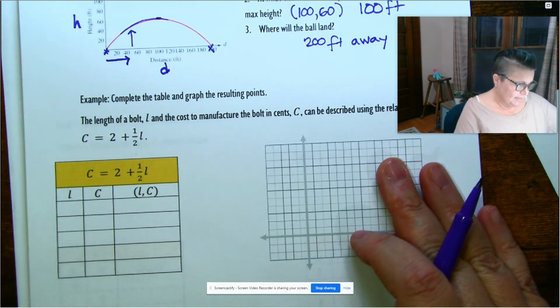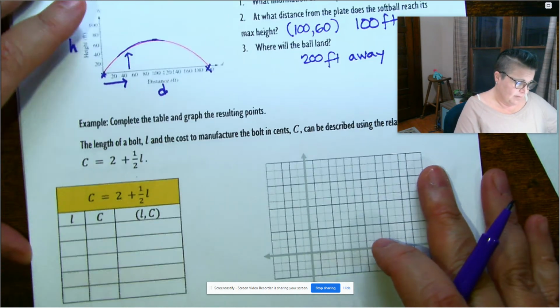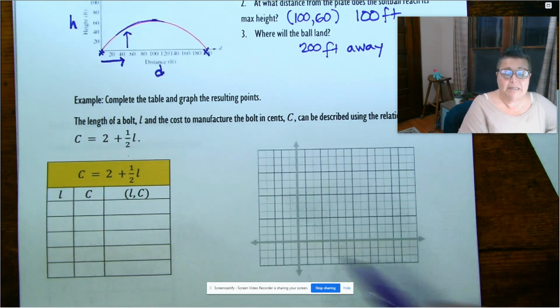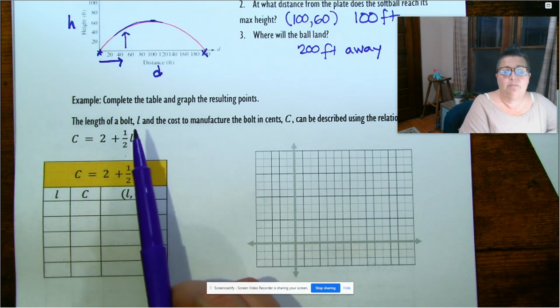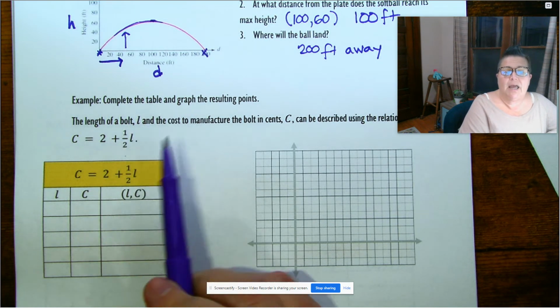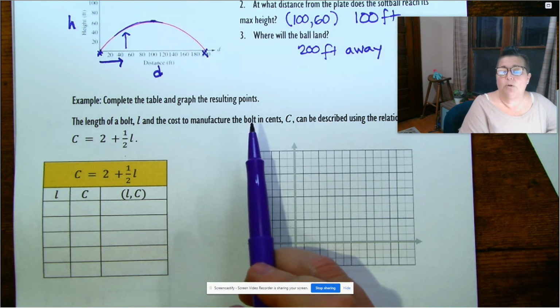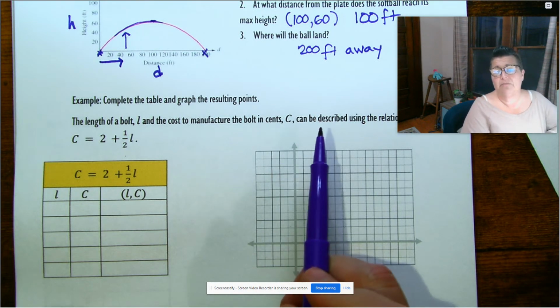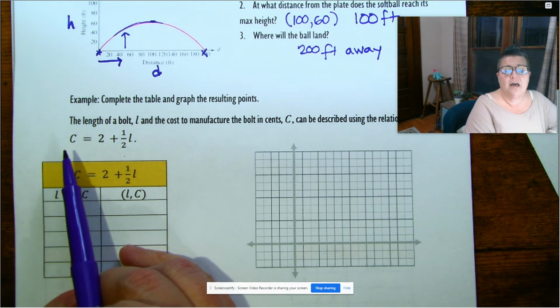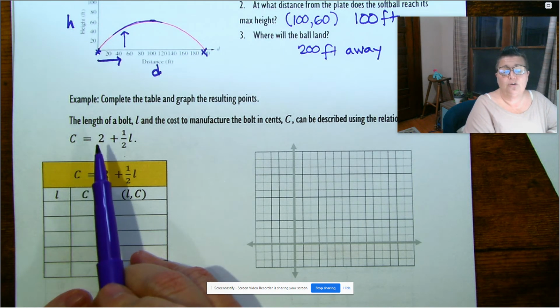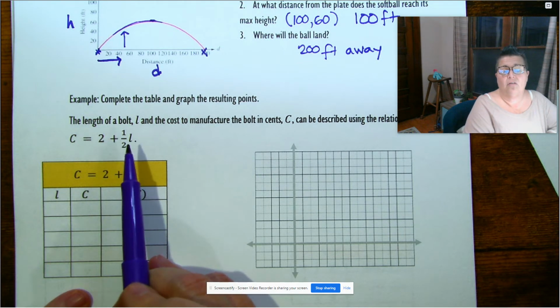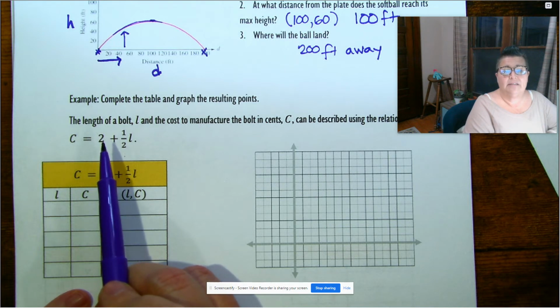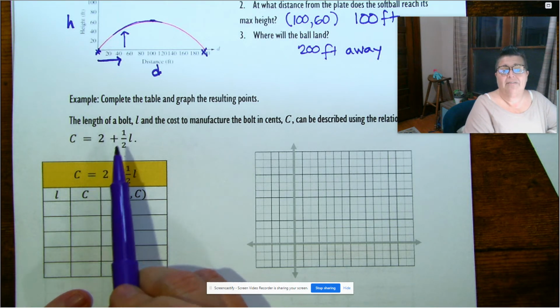All right, second example. Complete the table and graph the resulting points. So here we have the length of a bolt. We're calling it L. And the cost to manufacture that bolt in cents, capital C for cost, can be described using the relationship the cost is equal to 2 plus 1/2 L, or 2 cents plus 1/2 the length.